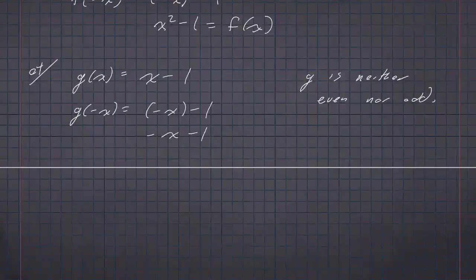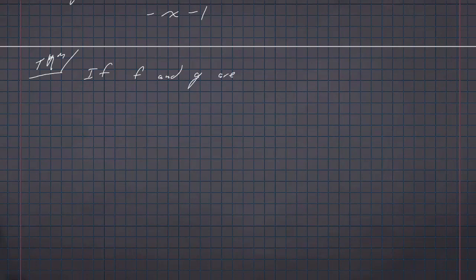There are a couple of theorems in the typed notes on even and odd functions. For the sake of time, I'm going to skip over the proof of the first one. But I do want to state it because it is some useful properties. If you have two even functions, f and g, then when you multiply them together, you get an even function.